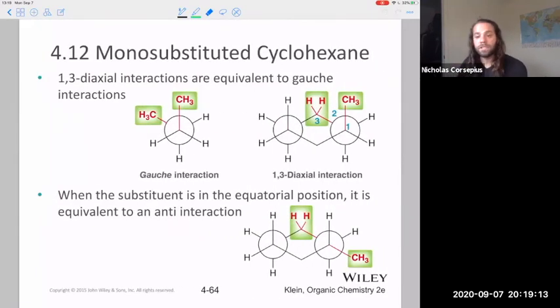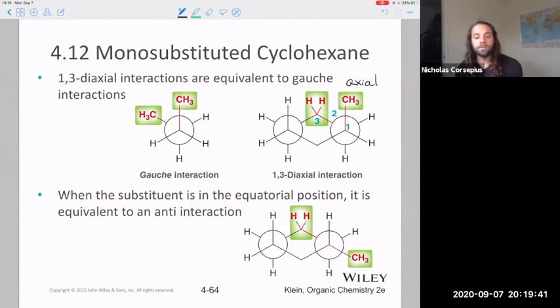Remember that we had those gauche interactions, right? Those were these methyl groups that, despite being staggered, still have this gauche interaction where you have big groups too close to one another, even though cyclohexane can adopt that perfect torsional angle situation. This is basically what you have when the methyl group is in the axial position.